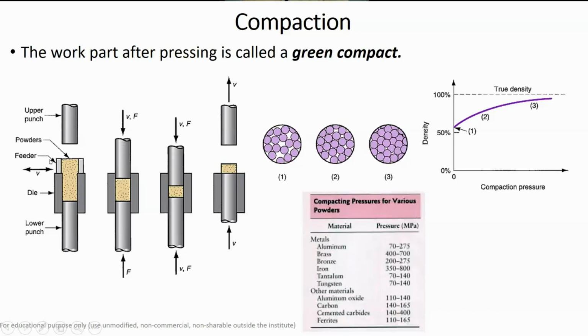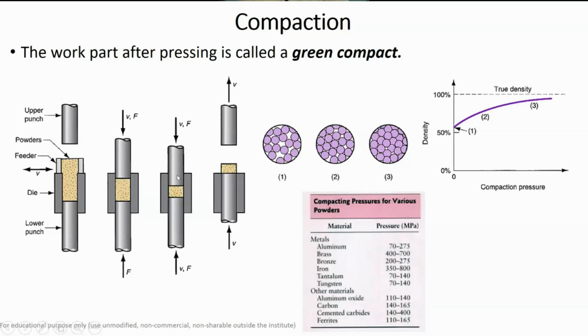Then there is a powder feeder, or powder feeding shoe, which brings the powder particles along with it and fills the cavity present in the die. In the next step, the feeder goes back, and the upper punch and lower punch compress the powder material inside the die cavity, achieving the required compaction pressure.